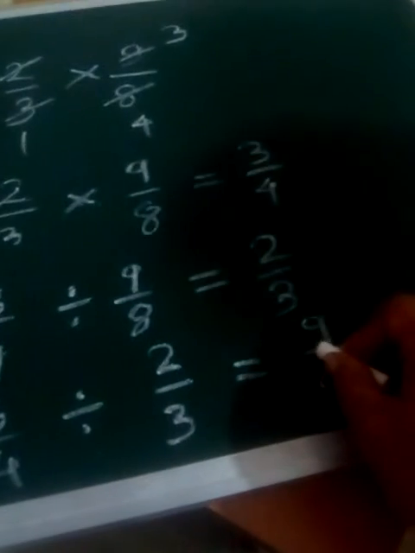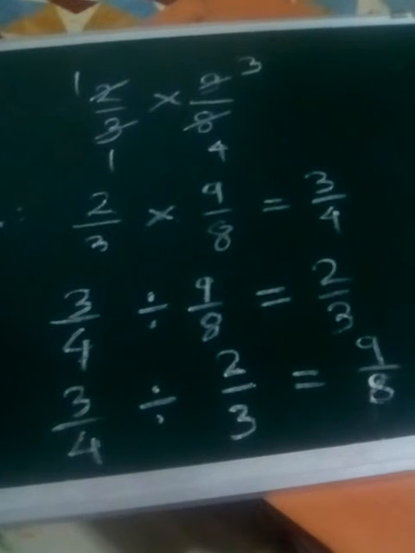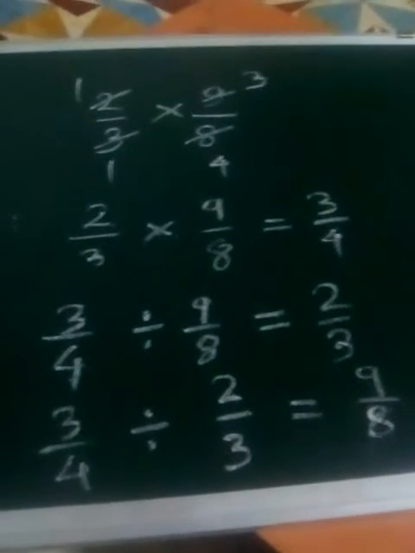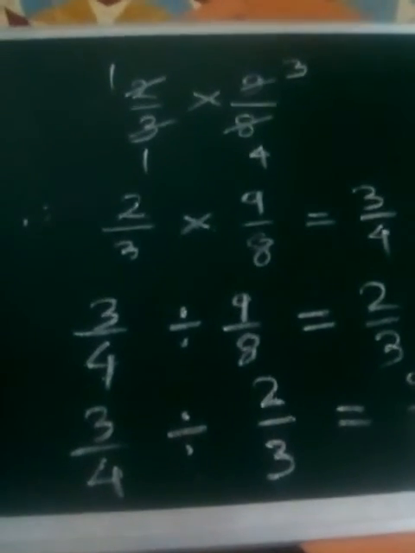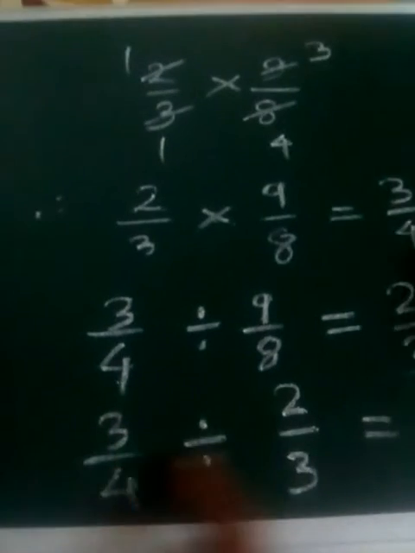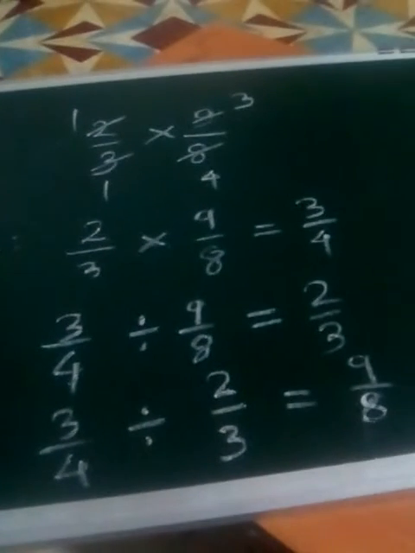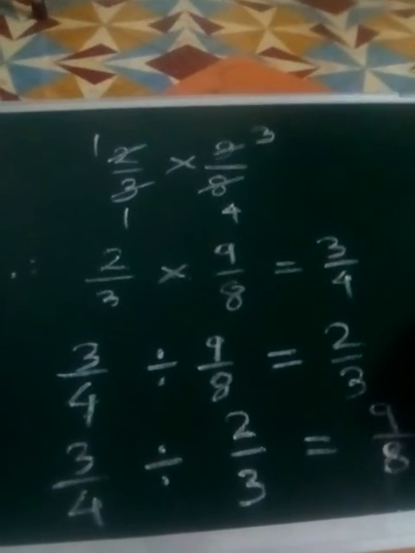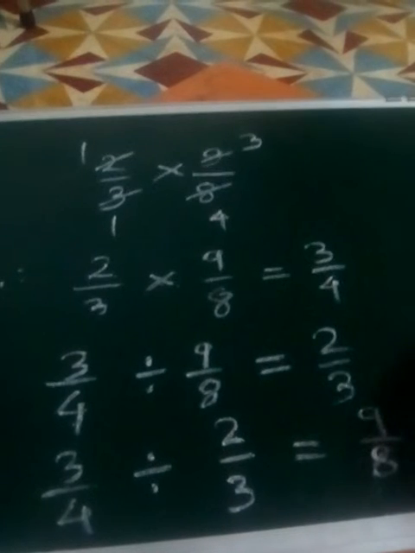So this is the way multiplication and division are related to each other. Now if you want to do 3 by 4 divided by 2 by 3, how to get this answer 9 by 8? This is the question.